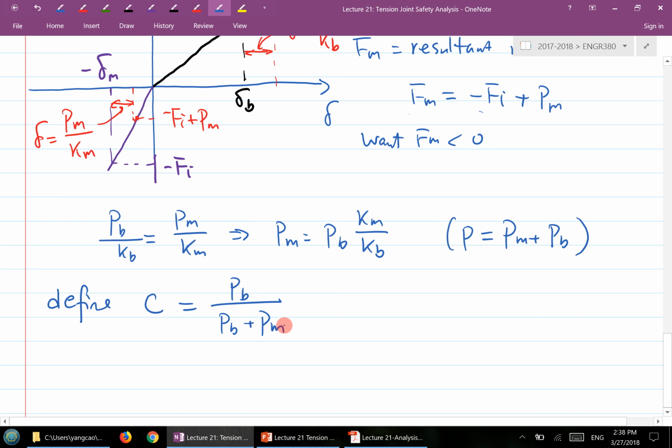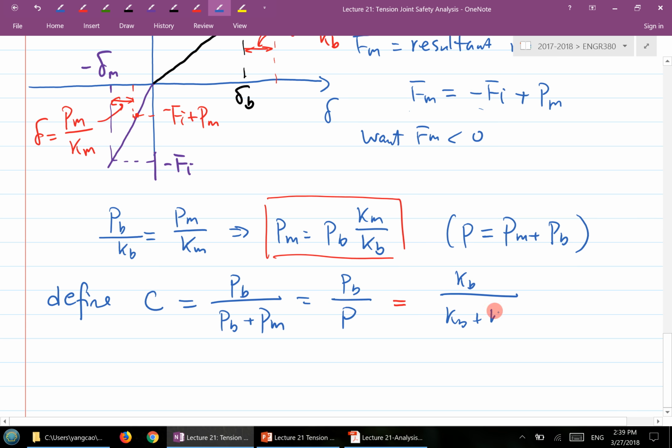Okay, so we're defining C as Pb over capital P. And based on the relationship that we have derived, your C here can also be written as Kb over Kb plus Km. Okay, so that's your C value.